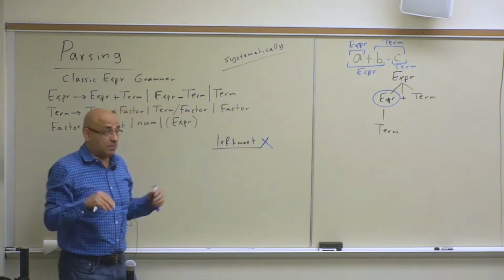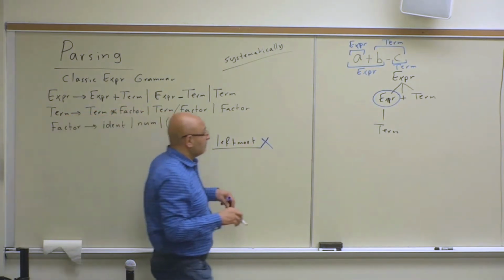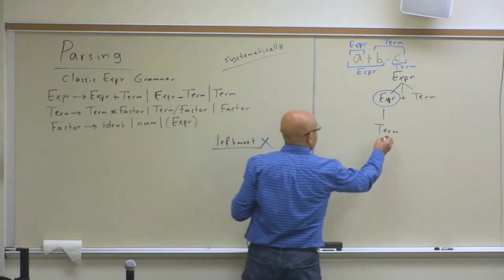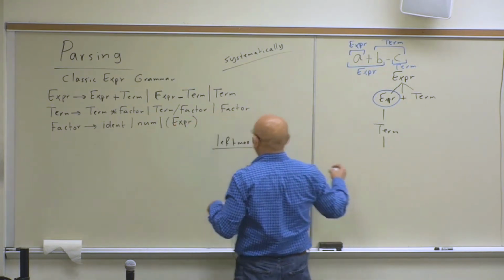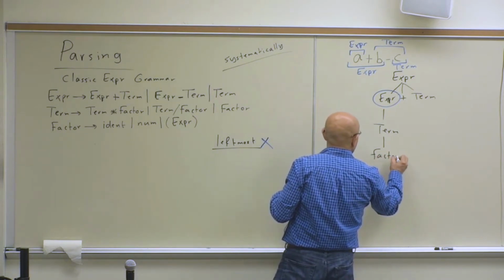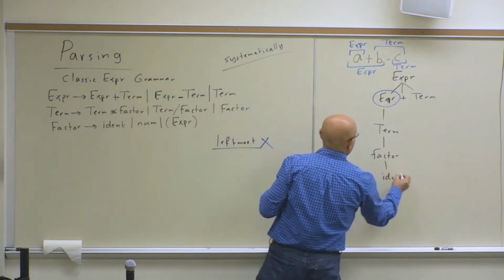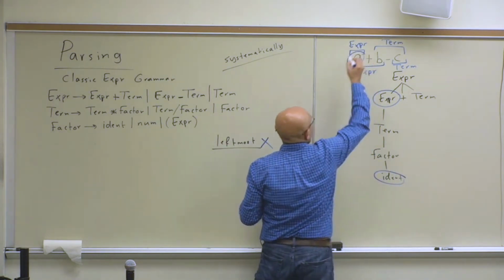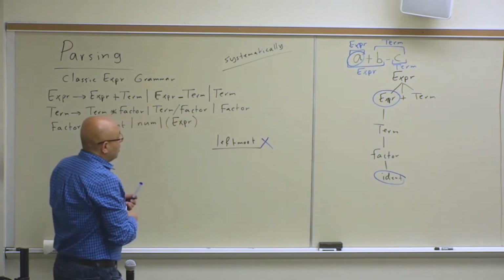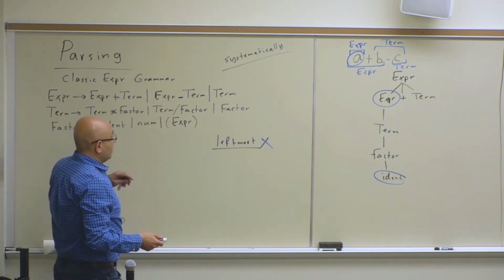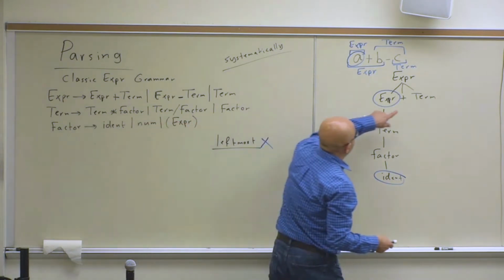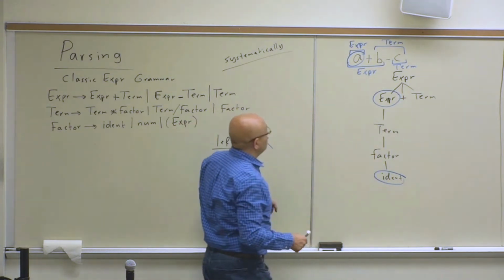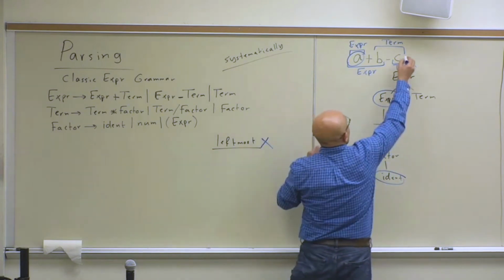For term, I can substitute a factor, and for a factor I can try identifier. So I can match this identifier with the A. Yeah, but then what? Then I can match the plus with a term, but this thing is not going to match with a term.